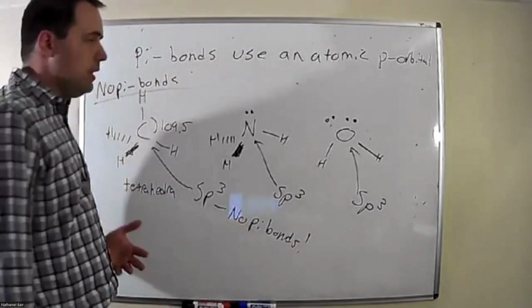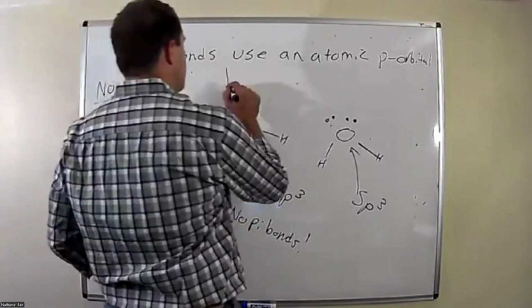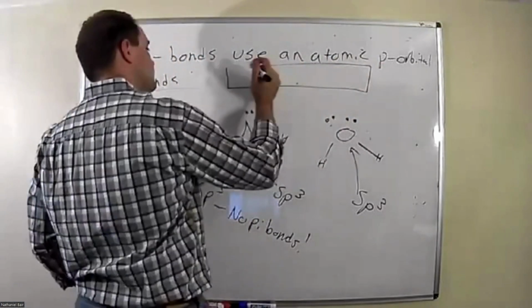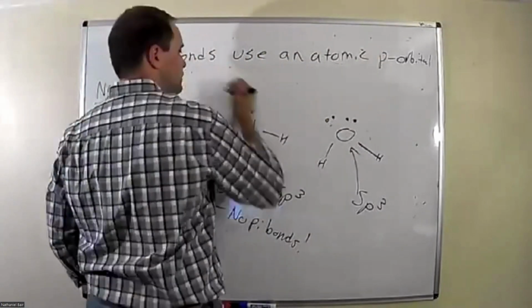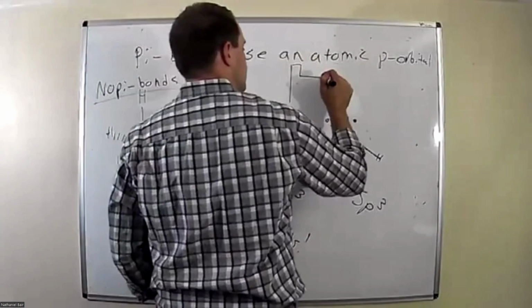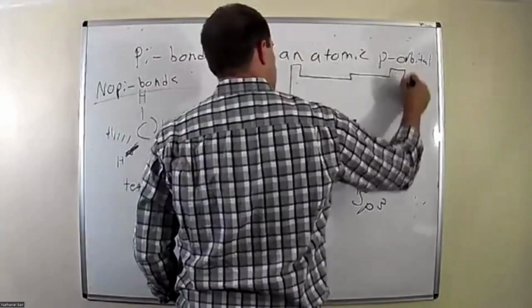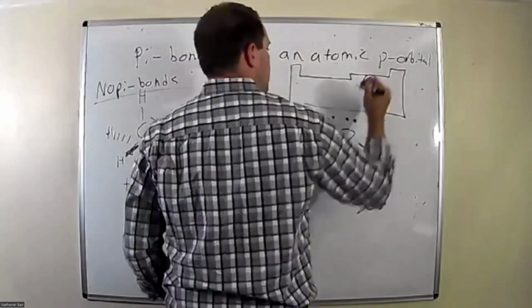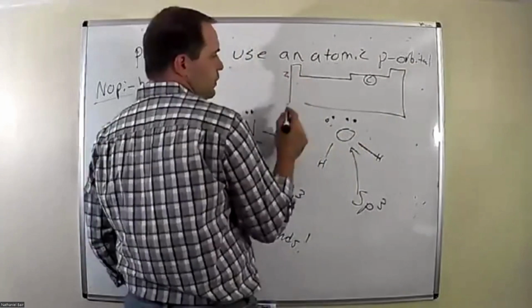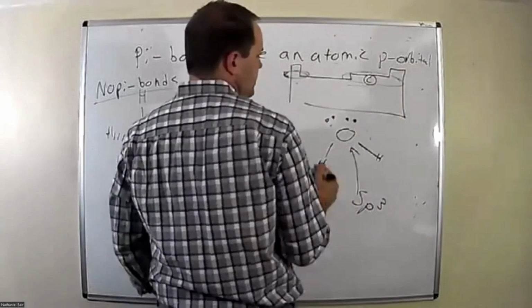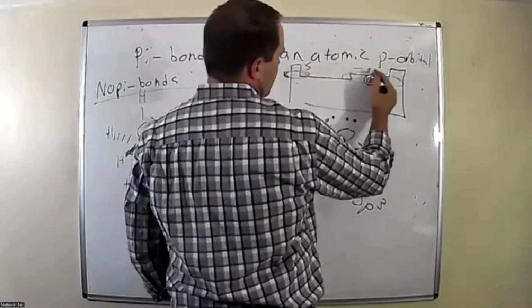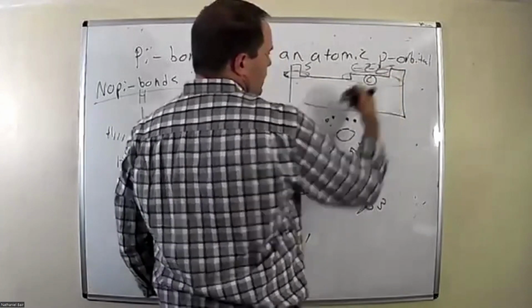Here's what this is saying. If we think about carbon, carbon is in period 2, and it's using a 2s and the 2p's. So it's got the 2s and the three 2p's.